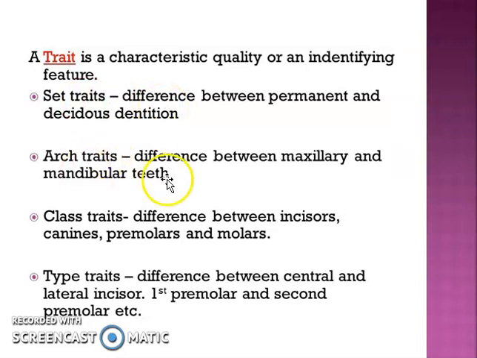Arch traits differentiate between maxillary and mandibular teeth. Class traits differentiate the types of teeth, whether incisors, canines, premolars or molars. Type traits show the difference between counterparts, like central and lateral incisor, first and second premolar, first, second and third molar.